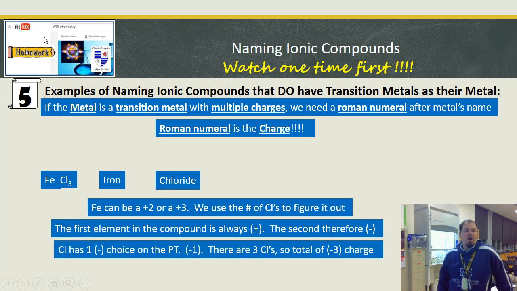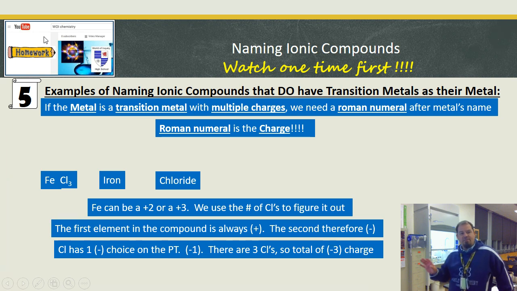Okay. When I look up Cl on the periodic table, it only has the one negative charge. I know it must be negative because it's the second element, and it's -1. If there are 3 chlorines, that's a total of -3 charge. There's 3 -1s, and I think we can do that math pretty easy in our head. 3 times -1 is -3.